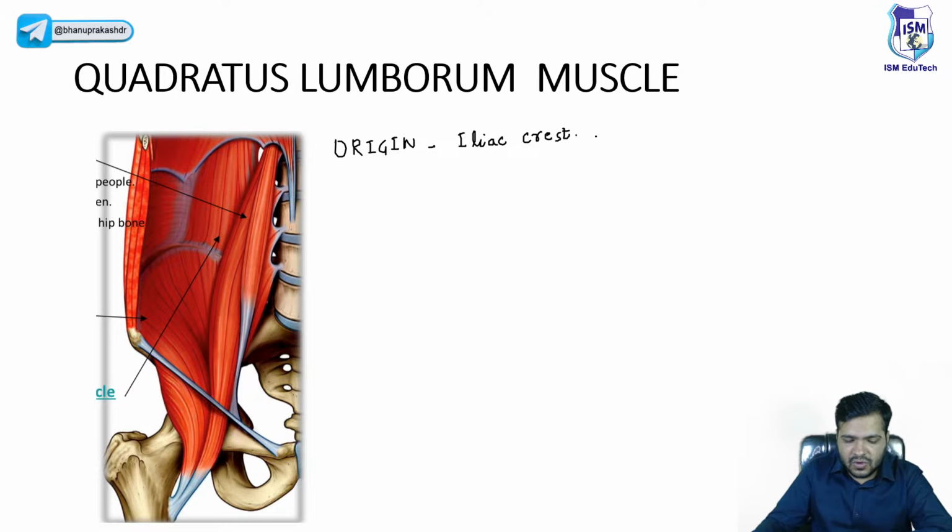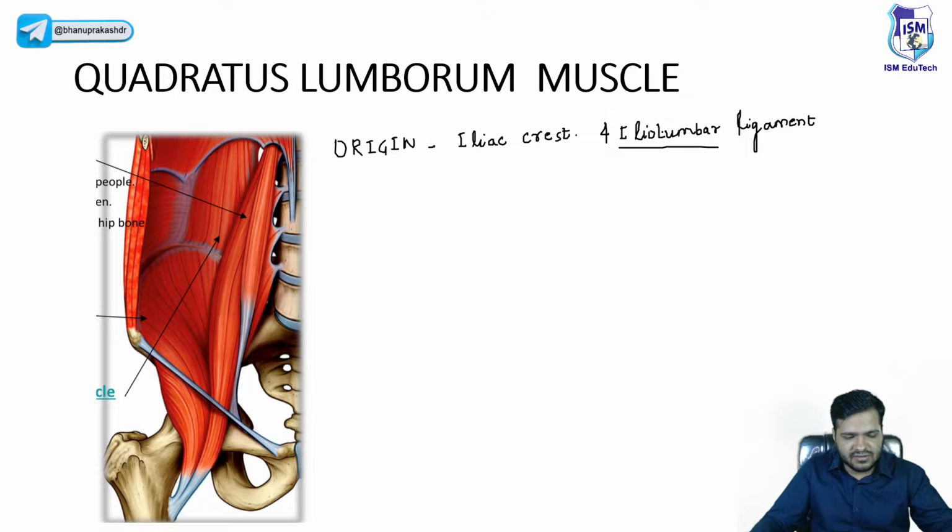Iliac crest, okay, and iliolumbar ligament. Now, can anyone tell me this ligament will extend from which bone to which bone in the chat box? Before that, I'll just complete the insertion.